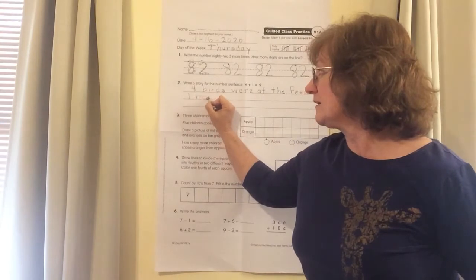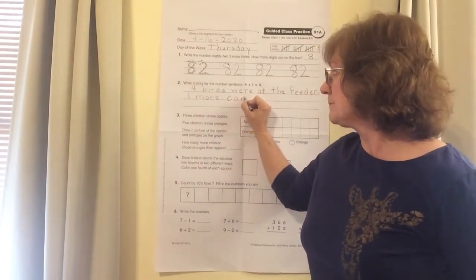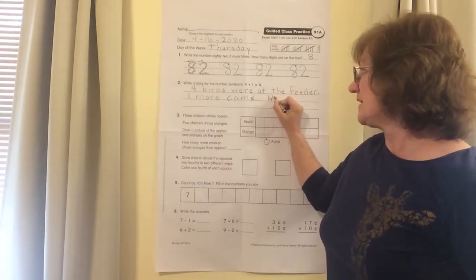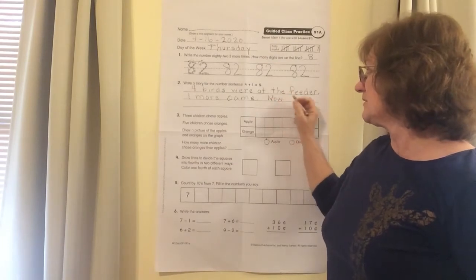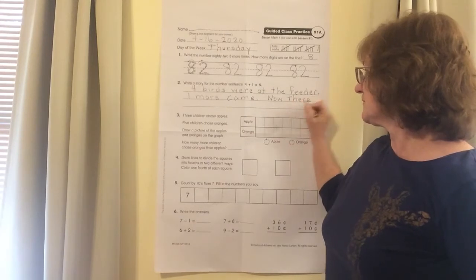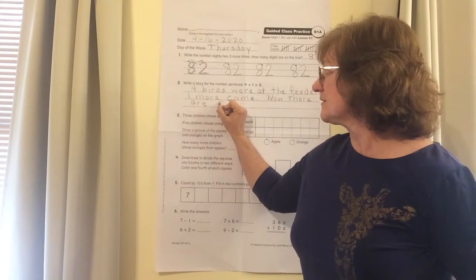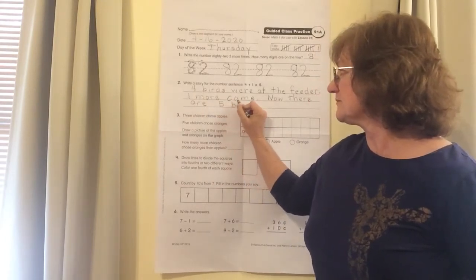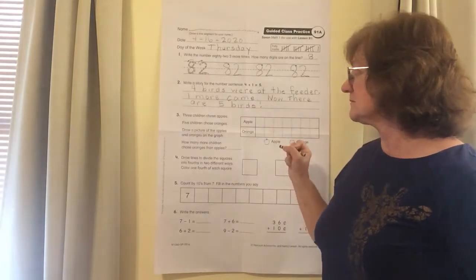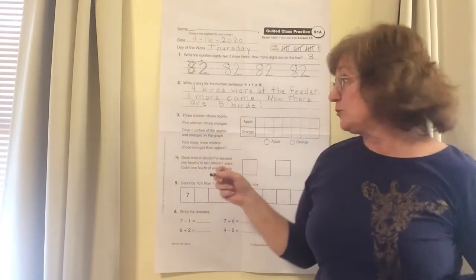One more came, or you could put join them. Now, how many did they have at the feeder? Now, there are 5 birds. Exclamation. Okay? It's like writing a story. You can make it up about anything you want.